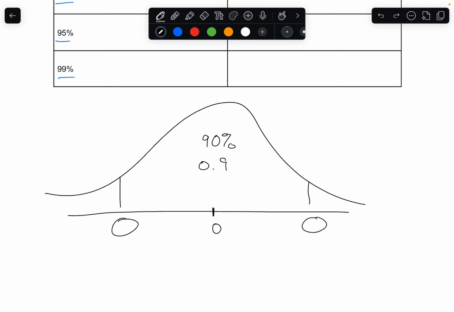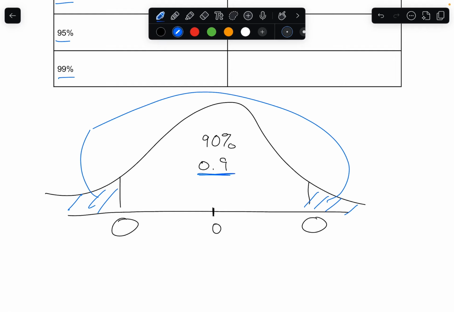So what's nice is I can use what I know about the normal distribution. That's why we talk about it early on. It is so important for this class. I know that I want 0.9 to be the area in the middle of my normal distribution, which means that the area in the left tail and the right tail together, these two areas should add up to be 0.1.